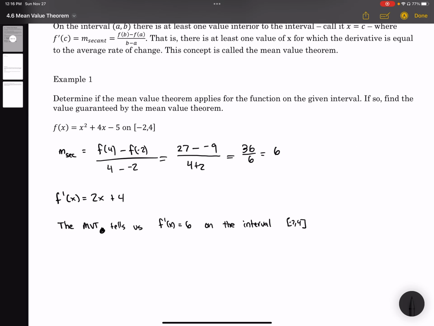To find that value, we just set the derivative equal to 6. So we have 2x plus 4 equals 6, and so 2x equals 2 and x equals 1. Clearly 1 is between -2 and 4, so it checks out.